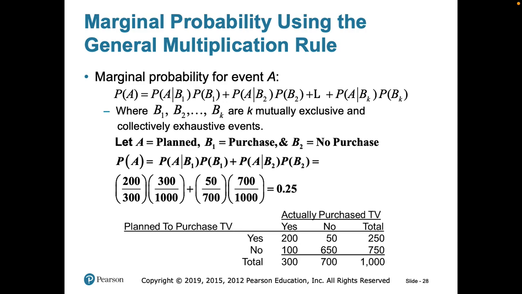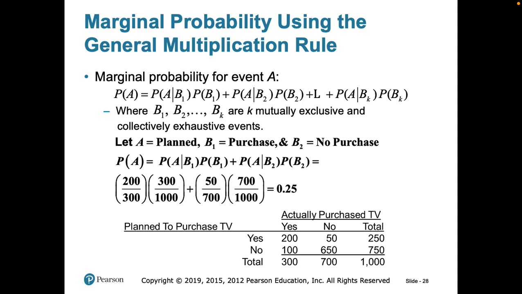I know that's a lot to take in, so let's put it a little into context. In this case, A is the people who plan to purchase the TV. B1 will be those who actually purchase, and B2 will be those who do not purchase.